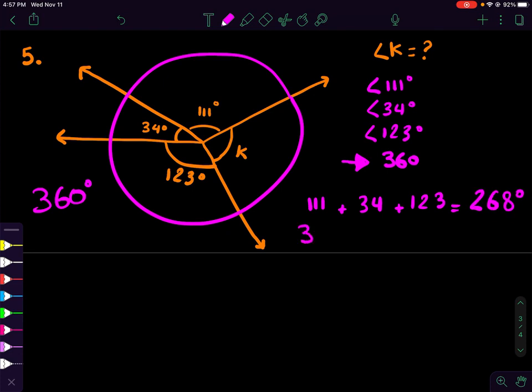Then we say 360, which is the total, minus 268. We get 92 degrees. So the angle K is 92 degrees. Okay?